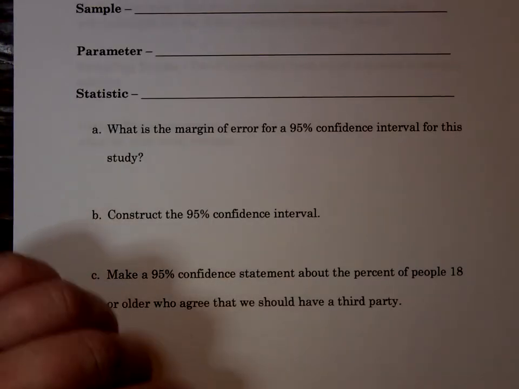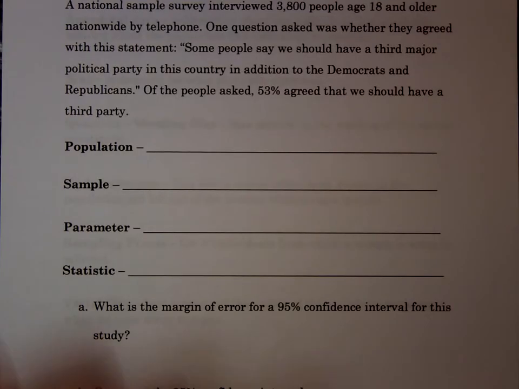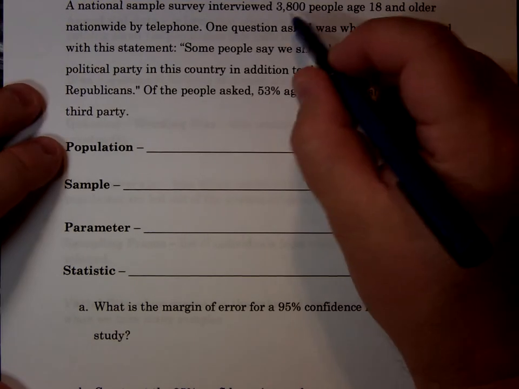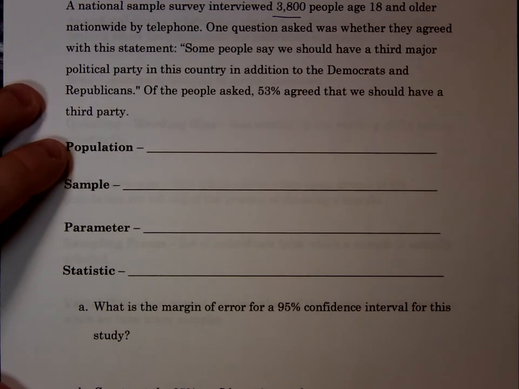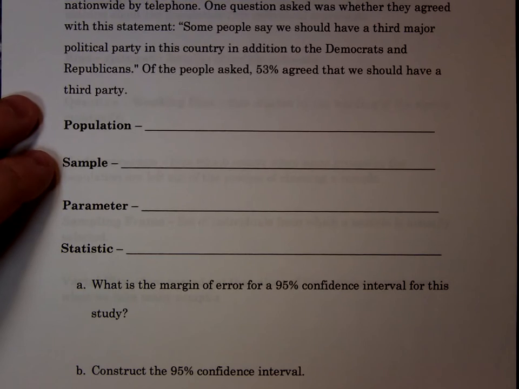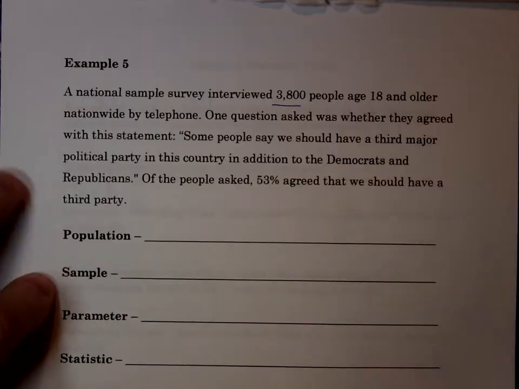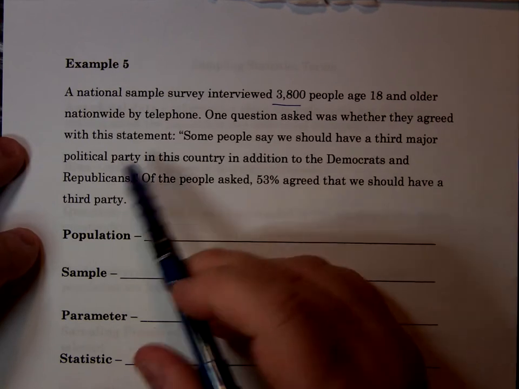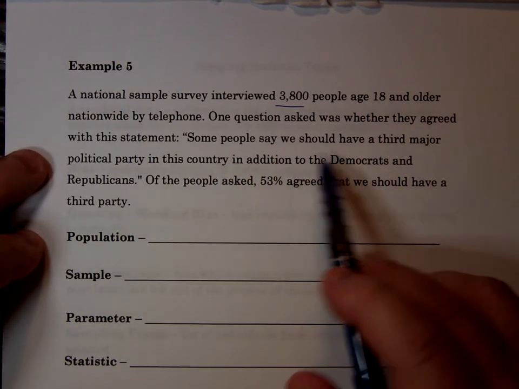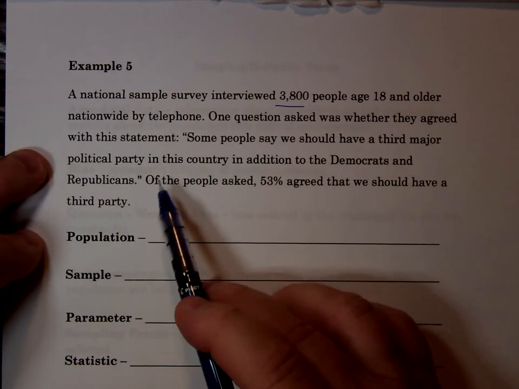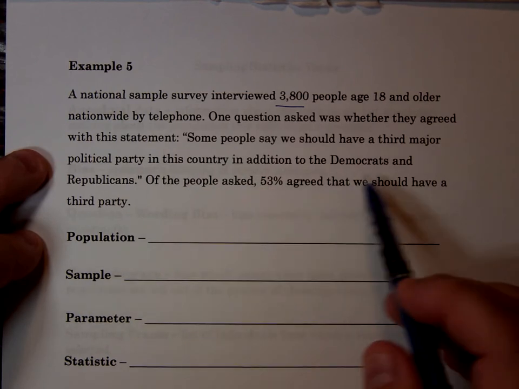So we'll look at one more of these that has all the parts to it. A national sample surveyed 38,000 people, age 18 or older, nationwide by telephone. One question asked whether they agreed with this statement: some people say we should have a third major political party in this country in addition to the Democrats and the Republicans.